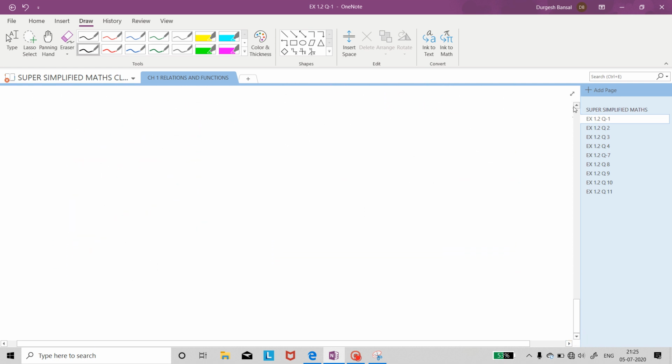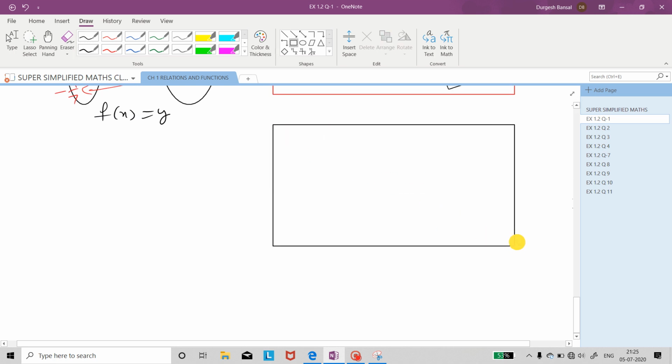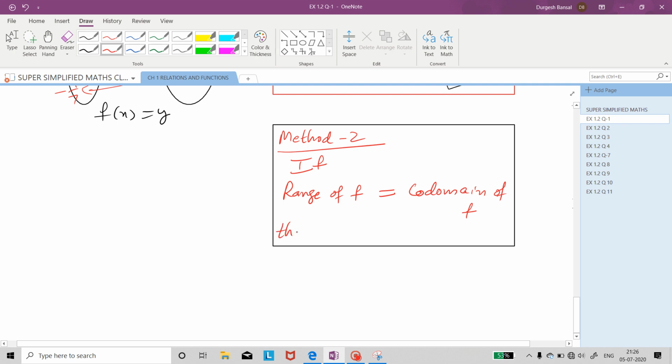Now I am going to write the second method to prove that the function is onto. So method 2 is: if range of f is equal to codomain of f, then function f is also onto.